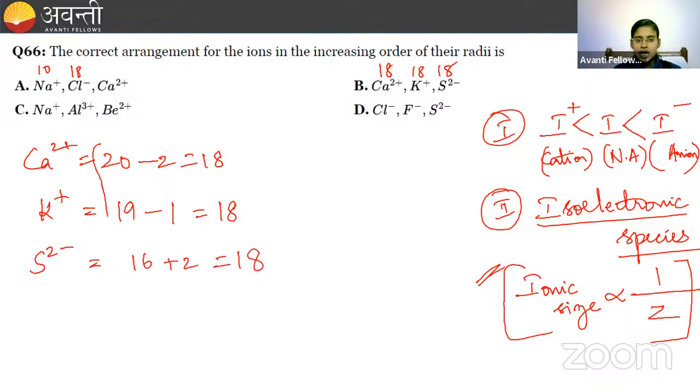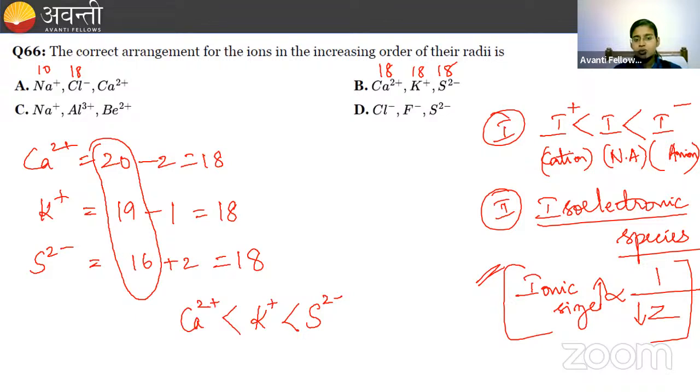If you look at the atomic number of these species, the one with the lowest atomic number is sulfur, so its ionic size will be big, because they are inversely proportional. The one with the lowest atomic number will have the largest ionic size. So S2 minus will have the largest size, then potassium, then calcium. Smaller to bigger, so this is the correct increasing order of the radii. It is very clear that option B is the correct answer for this question.